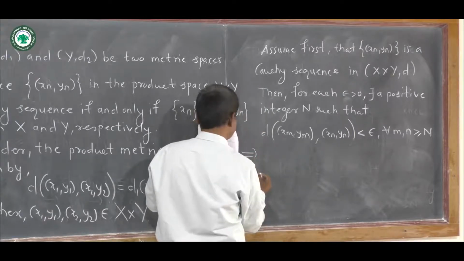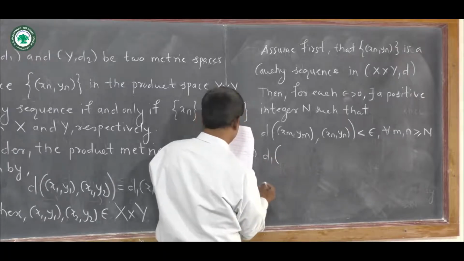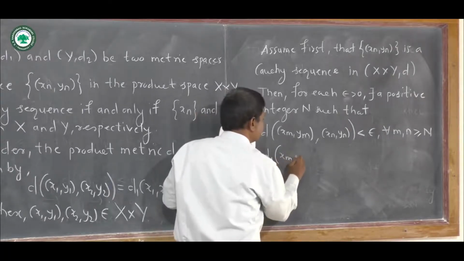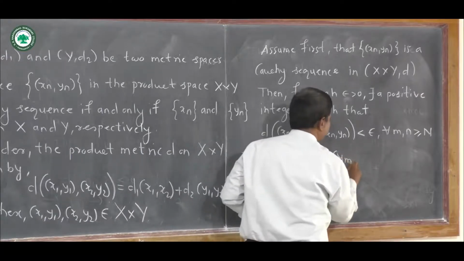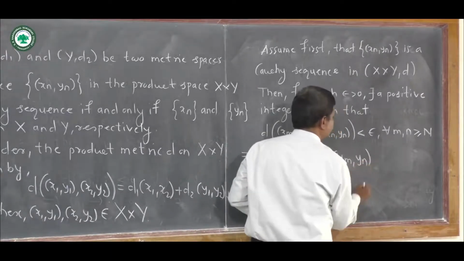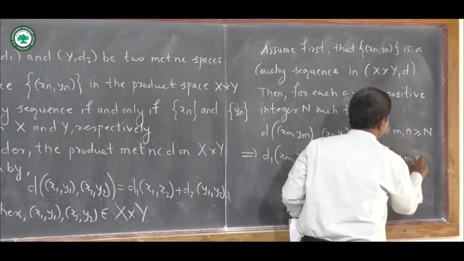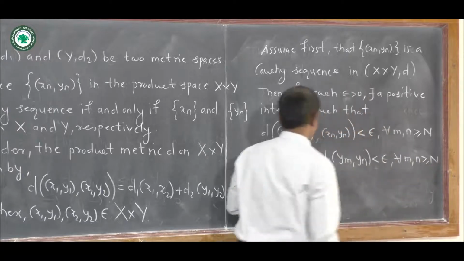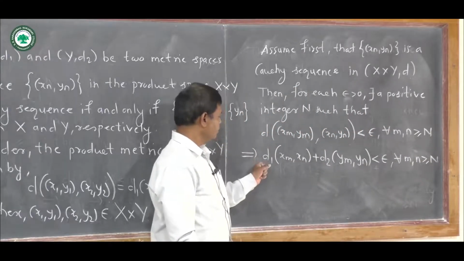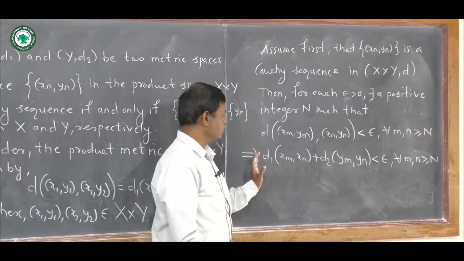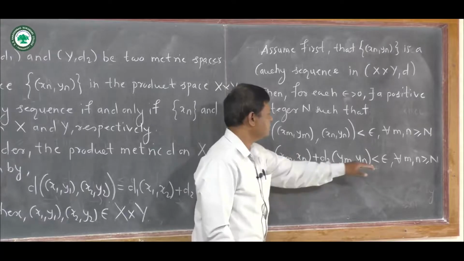So this implies that, using the definition of d, we write here d1 of xm, xn plus d2 of ym, yn is less than epsilon for all m and n greater than or equal to N. Now remember, a metric function is always non-negative, so d1 and d2 are greater than or equal to 0 and their sum is less than epsilon.